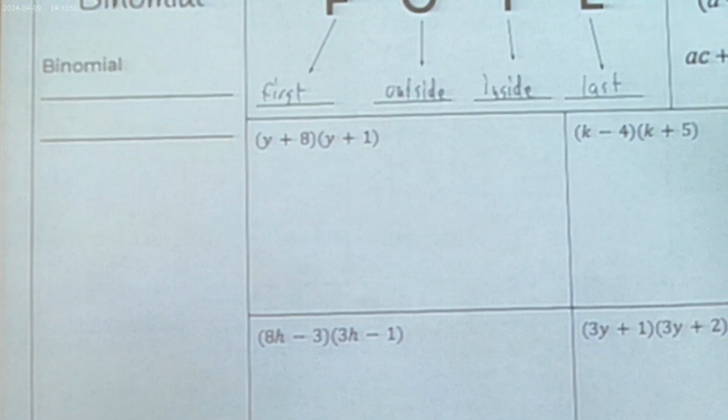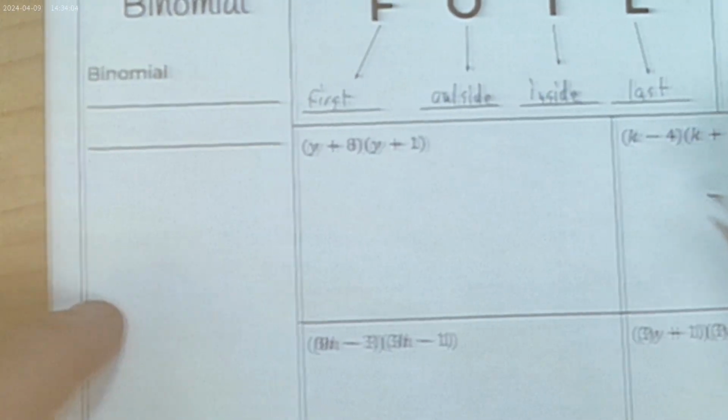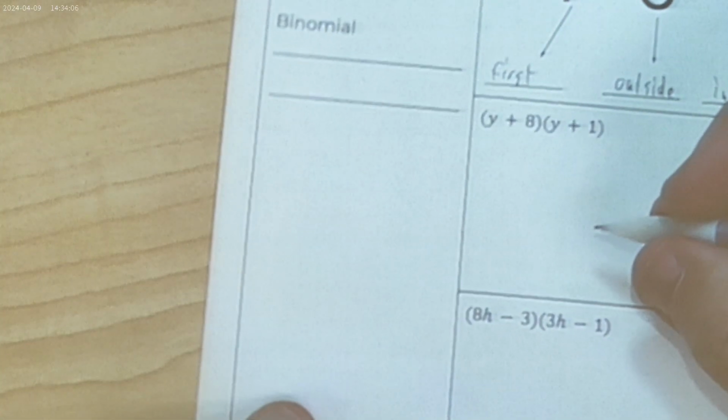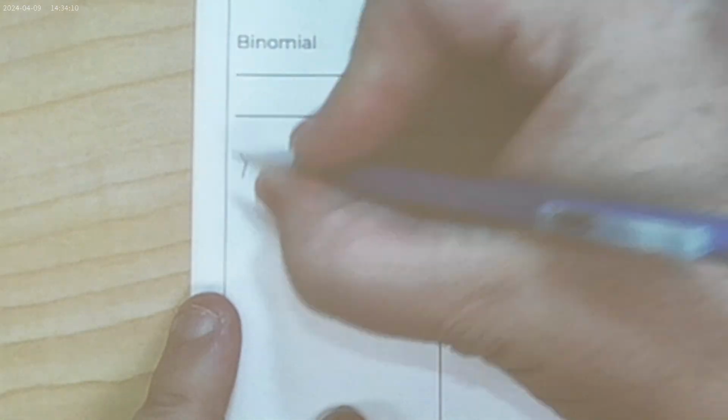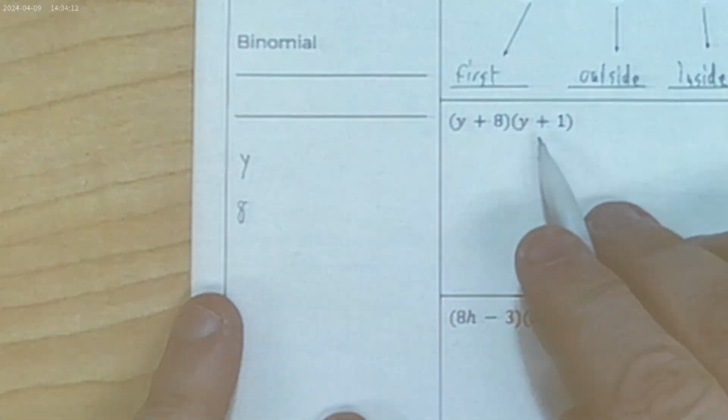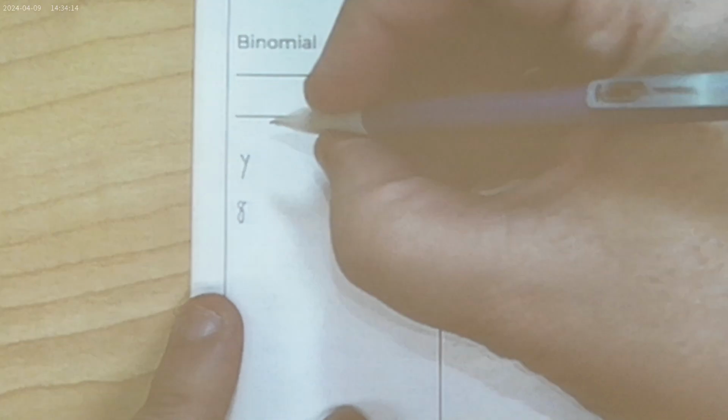What I'm going to do is show you the way that I used to do these, and then show you how the FOIL method works. So the way that I used to do these was, I see y plus 8, so I would say y times y plus 1, and 8 times y plus 1.